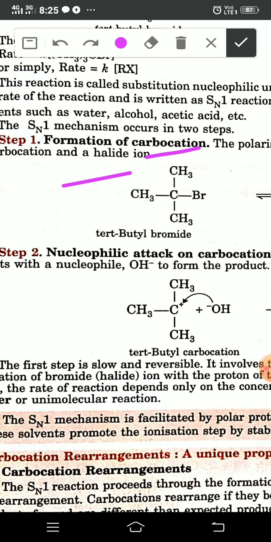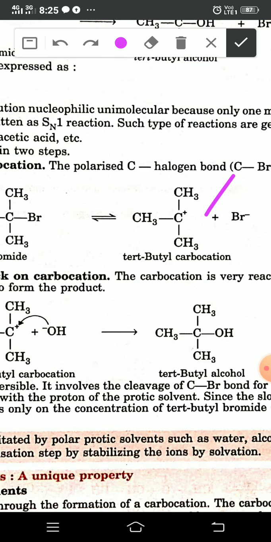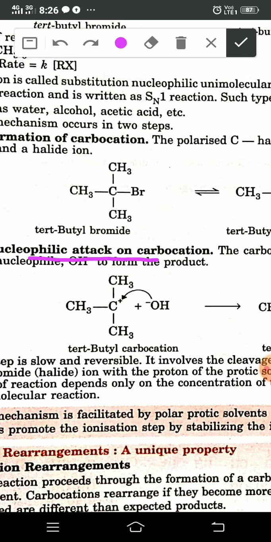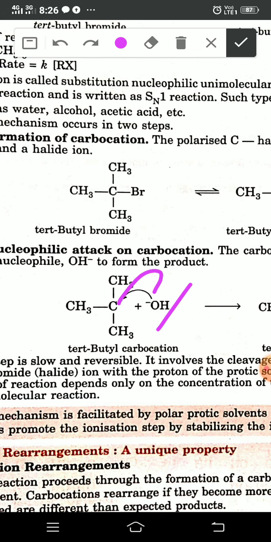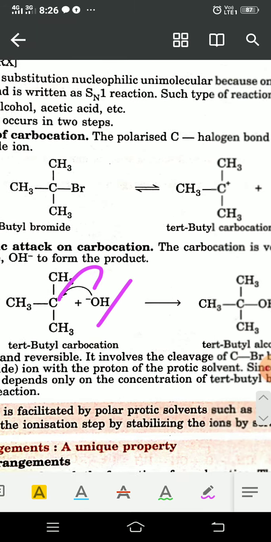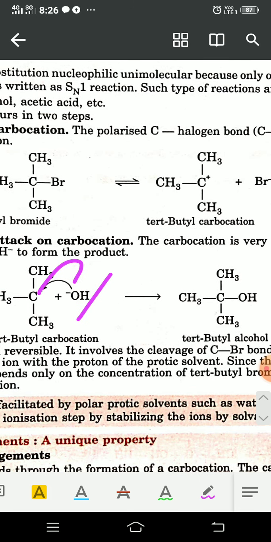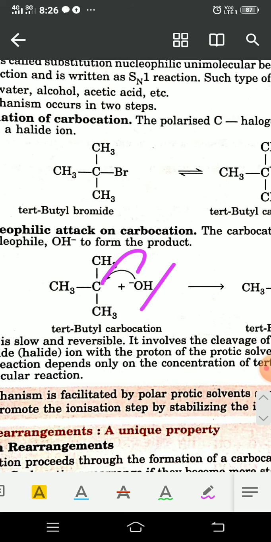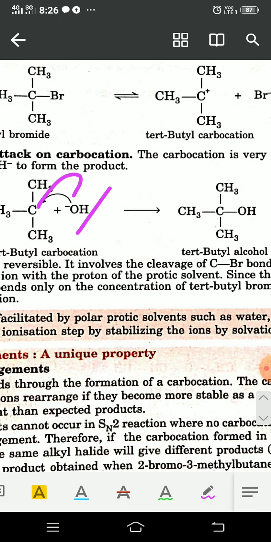Then in the second step, the nucleophile attacks the carbocation, and after that it forms this compound. See here.